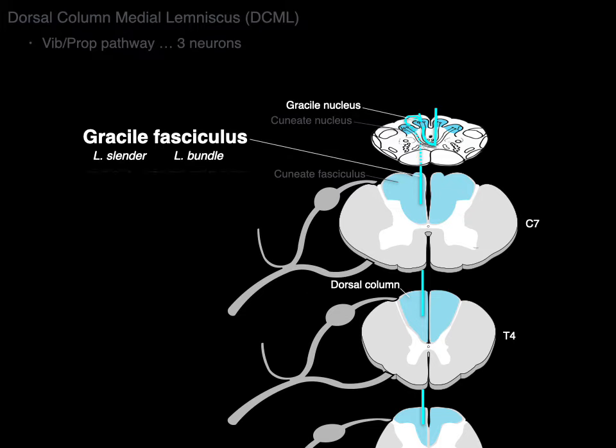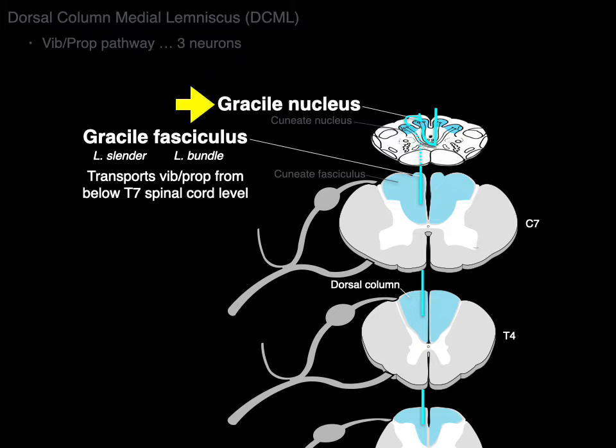And fasciculus means bundle. So this slender bundle is going to transport primary order neurons that are carrying vibration and proprioception from below the T7 spinal cord level up to the spinal medullary junction. Specifically, the gracile nucleus, where the synapse occurs. Gracile fasciculus synapses in the gracile nucleus.